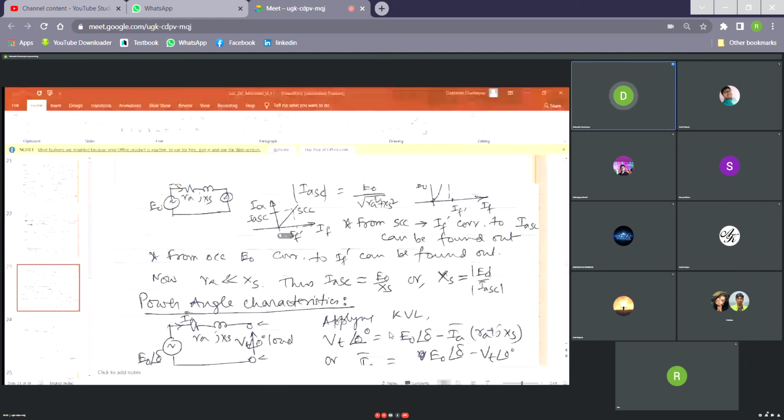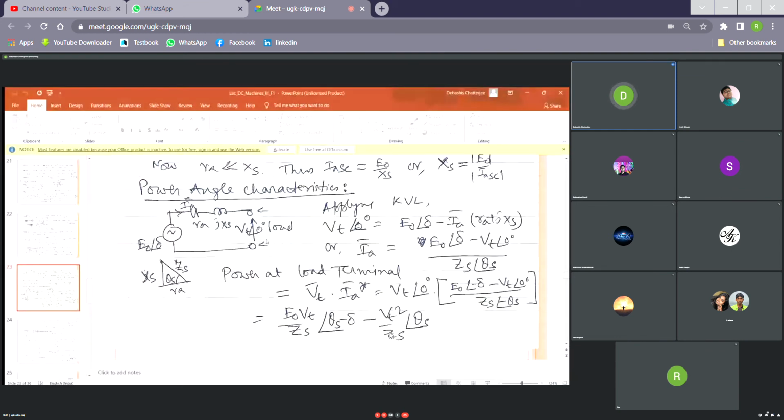Here you see that we always assume the terminal voltage is the reference phasor with an angle of 0°. Now E0 is having some angle. I don't know whether you have read the power flow equation or not. If E0 is leading Vt by some angle, that is the delta shown here, the power flows from the machine to the load.